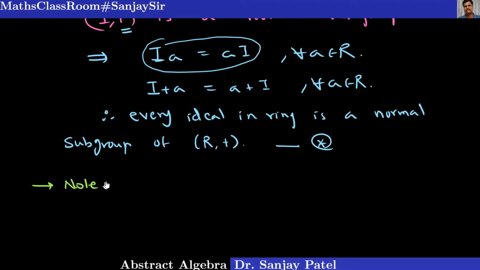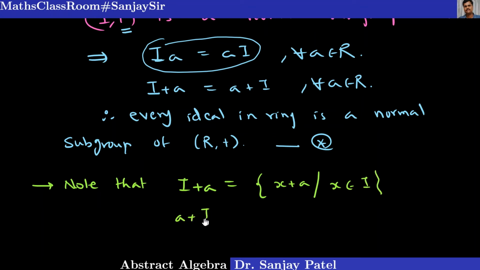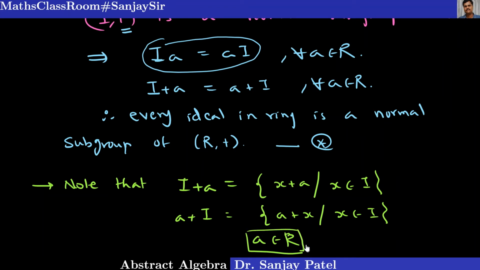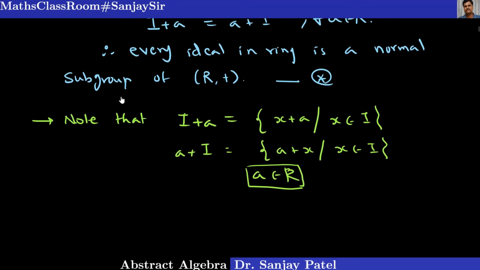Just note that I plus a means elements of the form small x plus a where x belongs to I. And a plus I is the set of all elements of the form a plus x where x belongs to I. Here I is something like a subgroup, and here a is any element of the ring R. Remember, a belongs to R here. Okay, that is one thing.